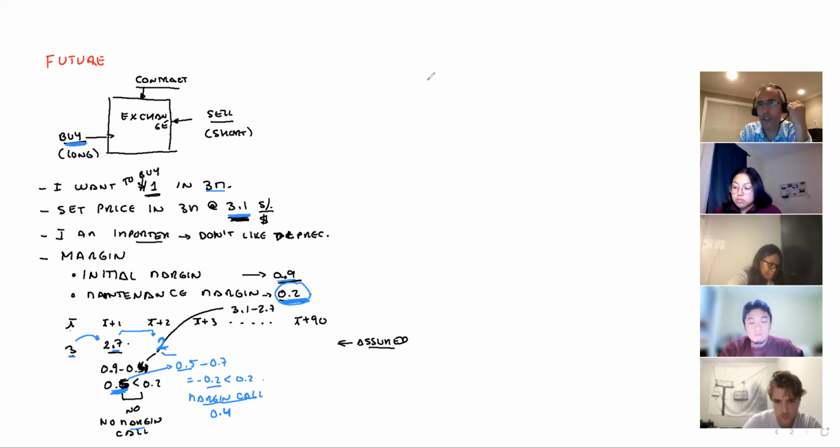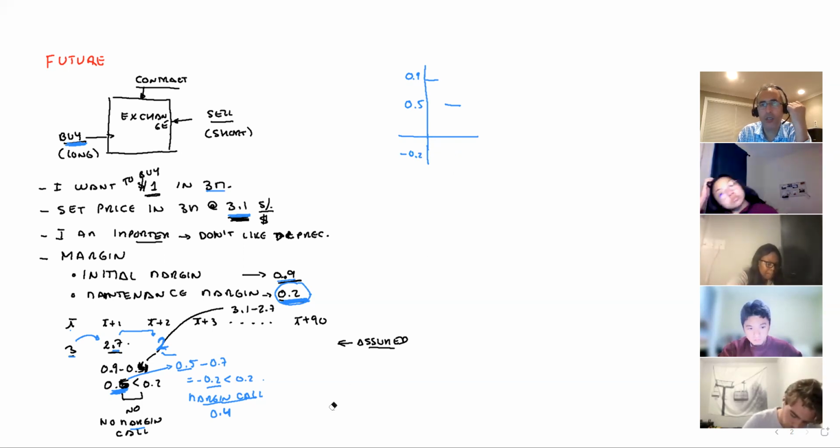Okay, so we started at 0.9. Next day we went to 0.5. Next day we went to minus 0.2. But this was a temporary one. You were at minus 0.2, so this was temporary because you need to put in 0.4 in order to be moved to 0.2.